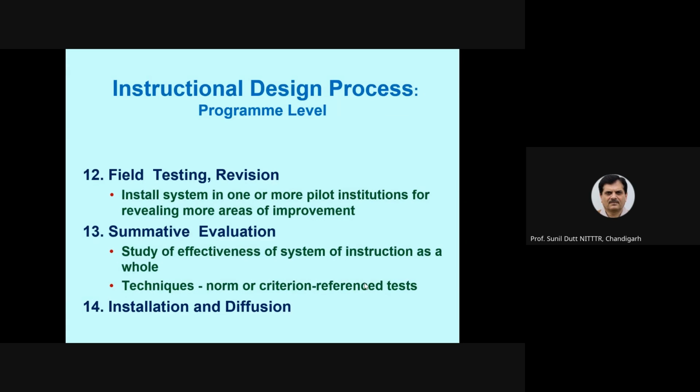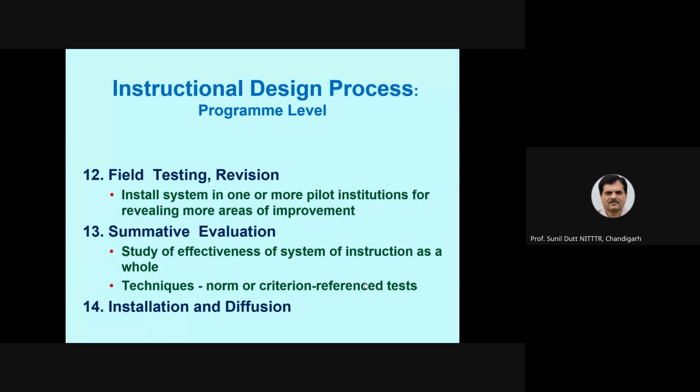So, to conclude, for effective instructional design, a holistic approach is adopted from a systems point of view, where the components of the system are interdependent and interrelated. Already we have learned, and change in any one component cannot be done in isolation. Why?